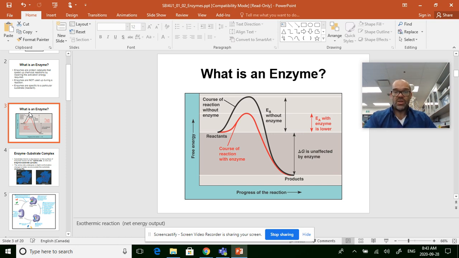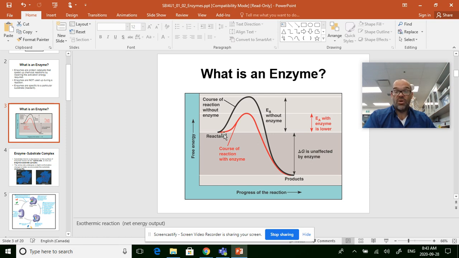reaction. So this is a good graph, something that you should understand. You see here progress of the reaction, free energy. You see your reactants and your products, whether you have an enzyme or not, same amount of energy.